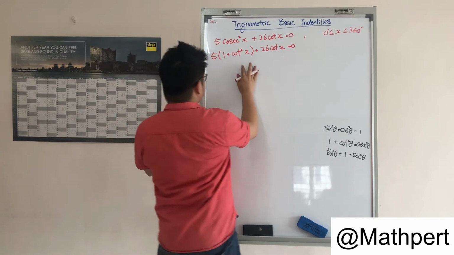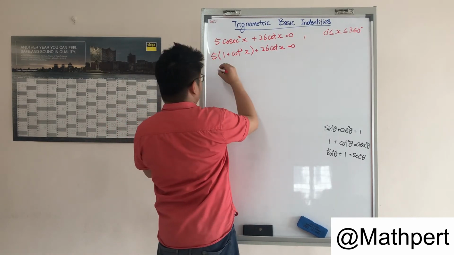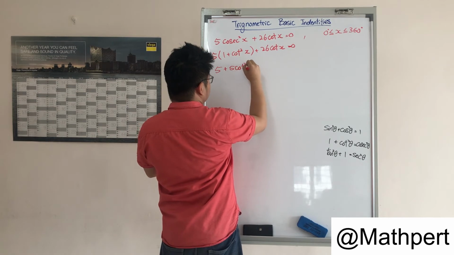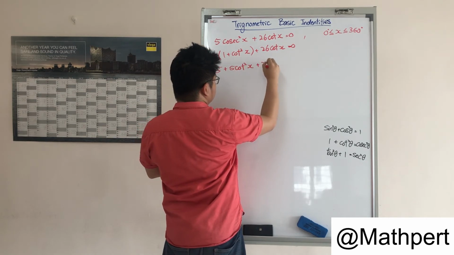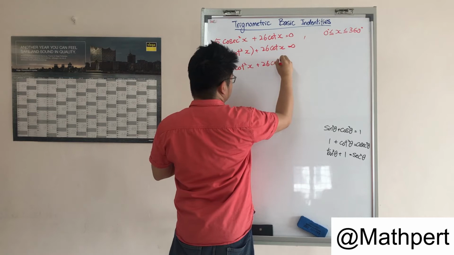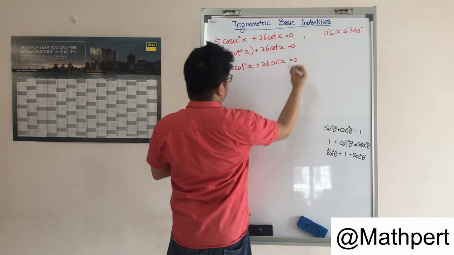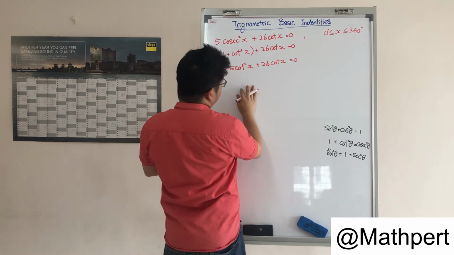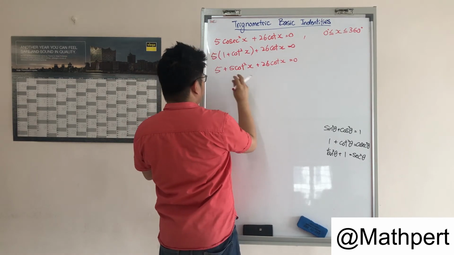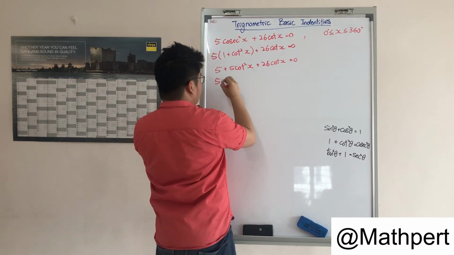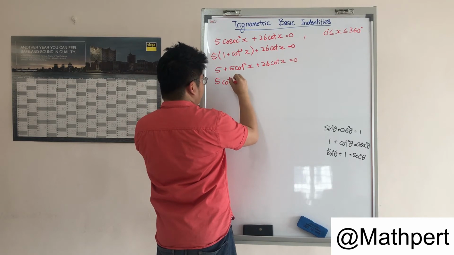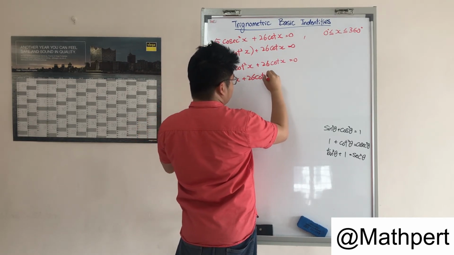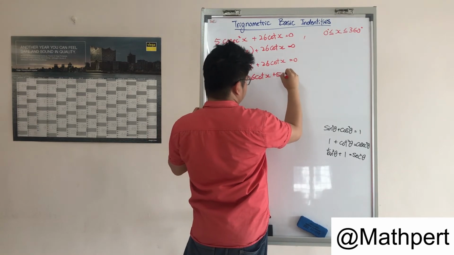Now multiply 5 into the bracket, you get 5 plus 5 cotangent square x plus 26 cotangent x equals 0. Here we rearrange it to make it simpler: 5 cotangent square x plus 26 cotangent x plus 5.